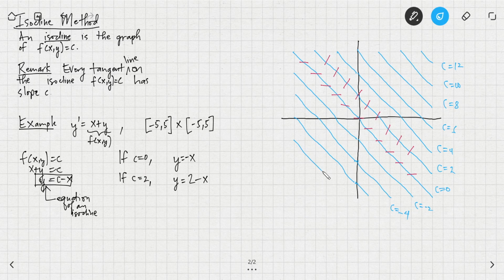Ito, negative 6. Negative 8. And negative 10. Okay. So yung value ng C natin ay palaki ng palaki dito sa direction na to, and then pababa naman dito sa direction na to.